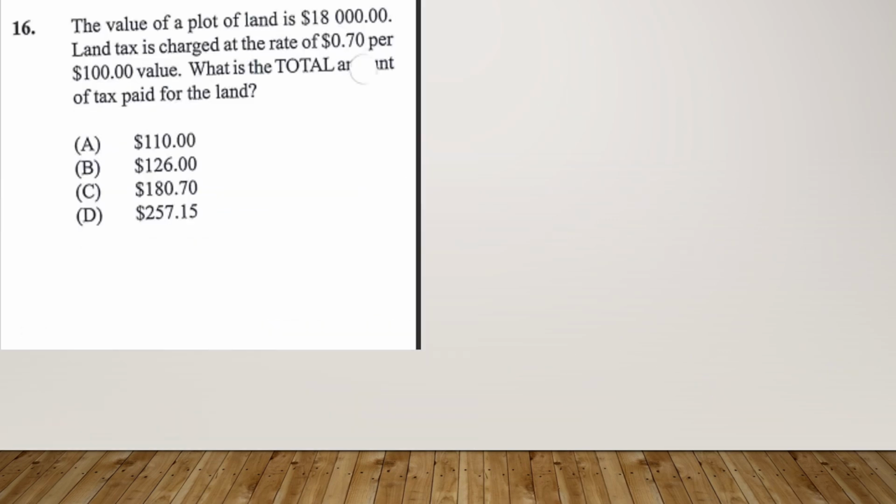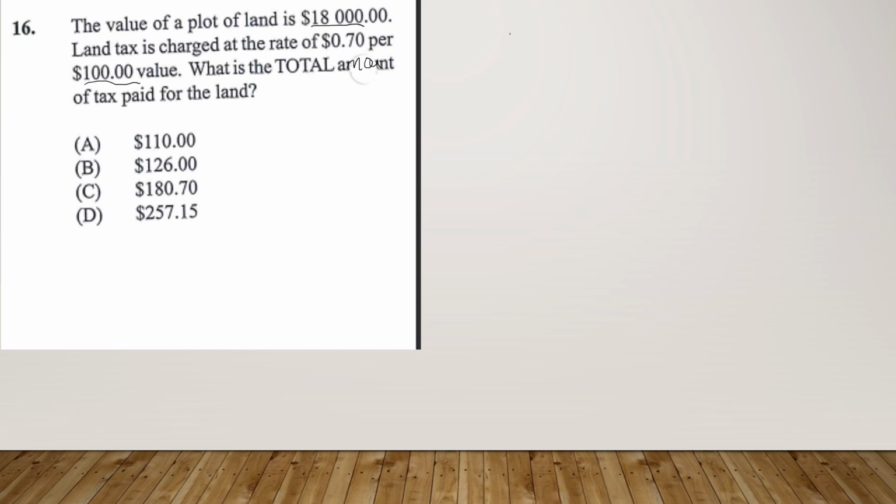Number 16, the value of a plot of land is $18,000. Land tax is charged at a rate of 70 cents per $100 value. What is the total amount of tax paid for the land? So this word here is amount. So we need to figure out how many $100 is in 18,000.